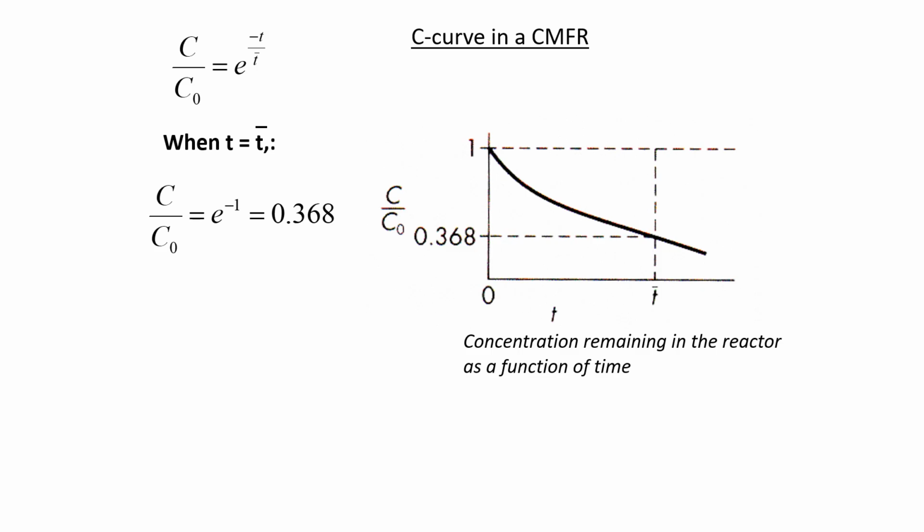So you put in a little bit, you have a little bit going out, you have a little more going in, a little bit more going out, but by just flushing it for the hydraulic detention time, you're not completely removing all of the tracer. There's still going to be 36.8%, assuming complete mixing and perfect behavior inside of this completely mixed flow reactor.